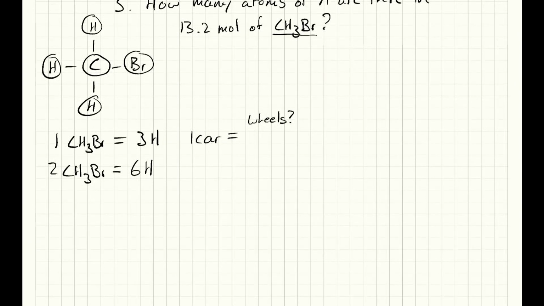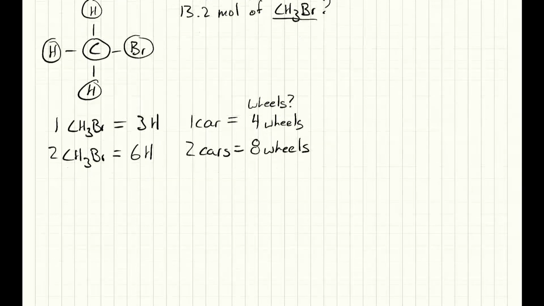And we're not counting the steering wheel. How many rubber wheels on the road does it have? And there are weird ones out there, but in general, 4 wheels. If we have 2 cars, how many wheels do we have? 8 wheels. So it's a very similar thing.